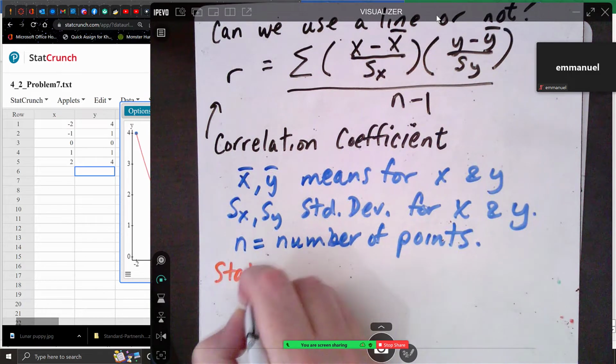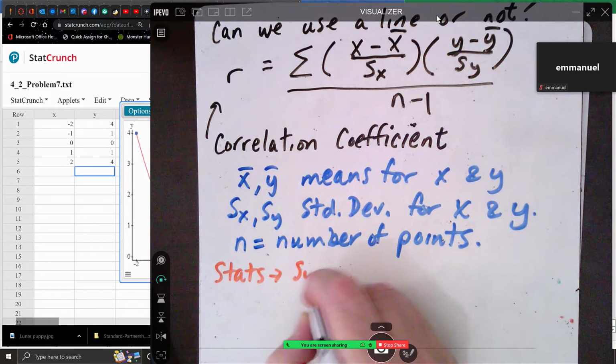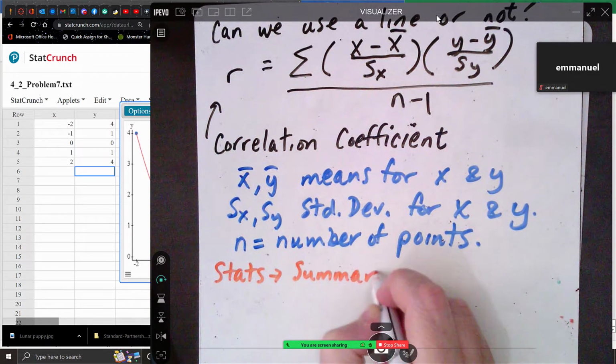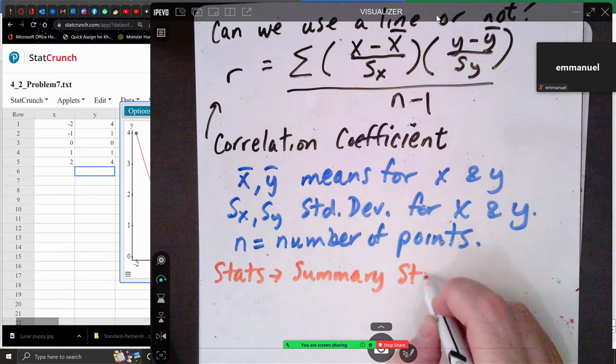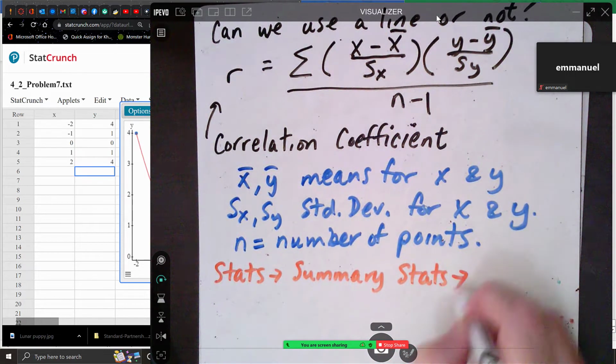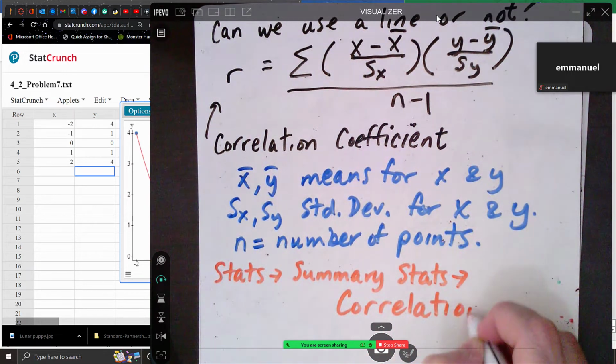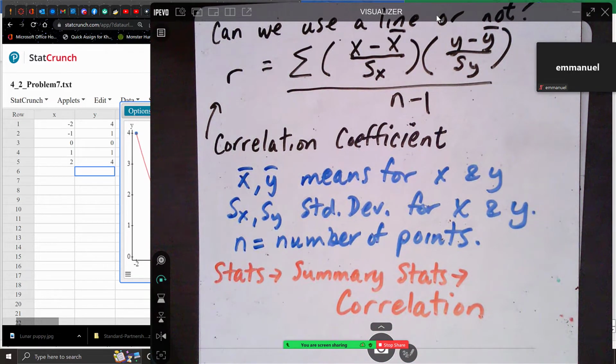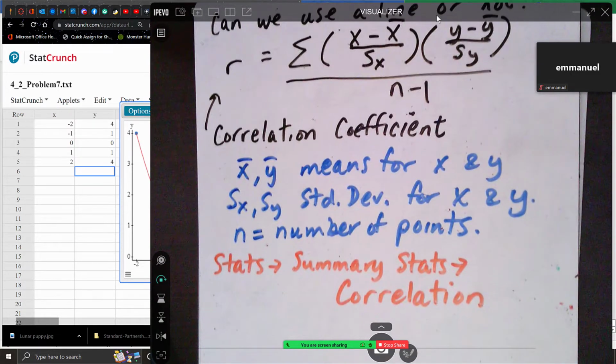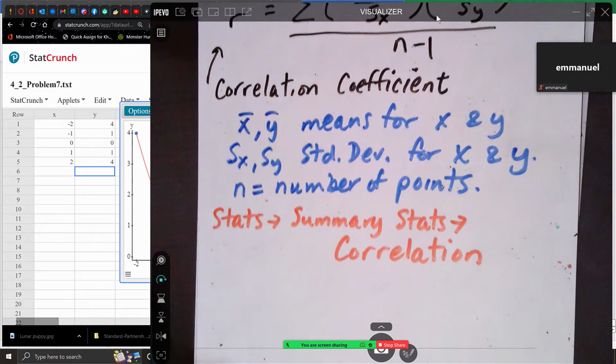Stats, summary stats, correlation. We will also see another spot where this comes up.